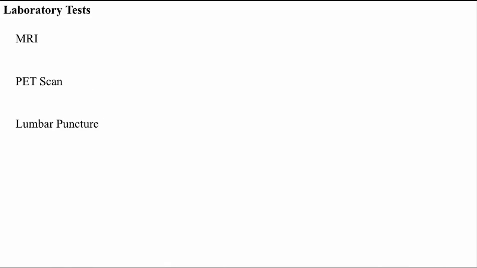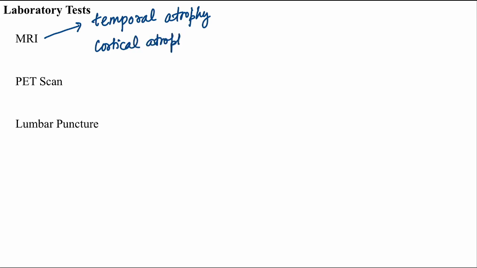In lab test, you can always do MRI. What you will see in MRI, you may see temporal degeneration or temporal atrophy. You may see cortical atrophy. You may see lacunar infarcts.